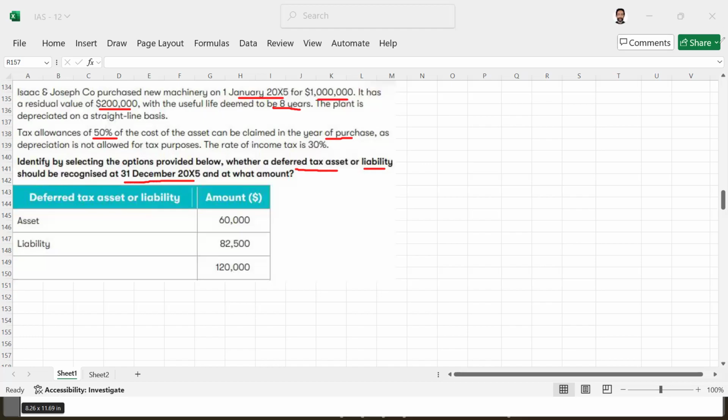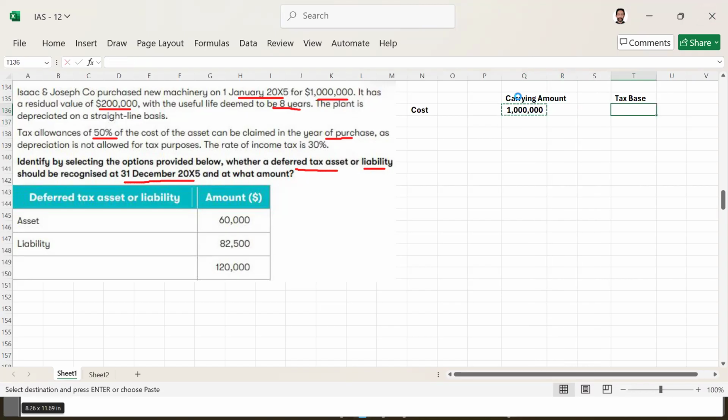So again, we're going to have the carrying amount working and the tax base. I selected these questions in a way so that you could have enough exposure to similar questions that would reinforce the concept. So the cost is 1 million in both cases.